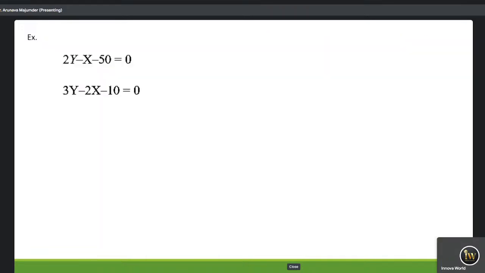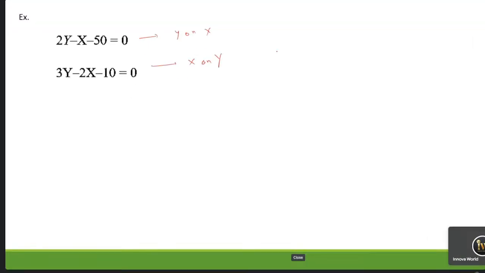Okay, go to the next example. In this example, two regression lines are given. However, which one is y on x and which one is x on y is not given here. So let us suppose that the first equation is the y on x equation and the second equation is the x on y equation.